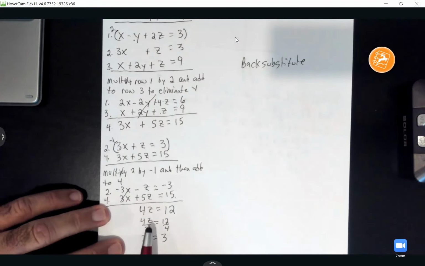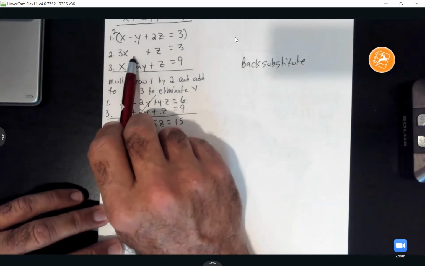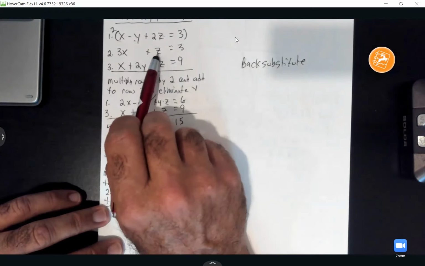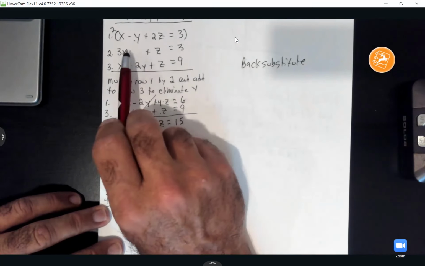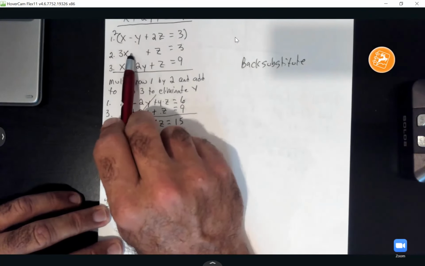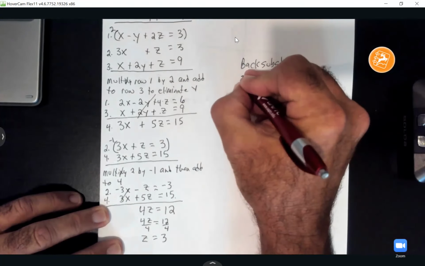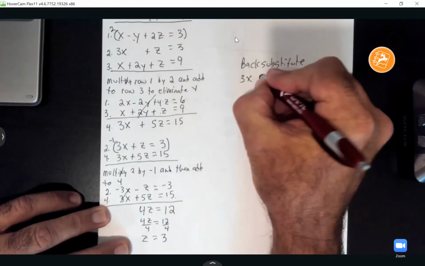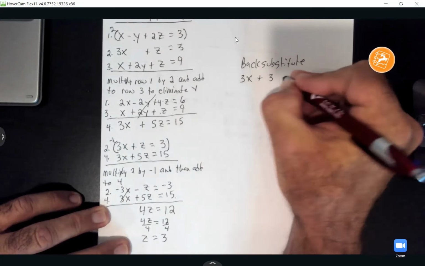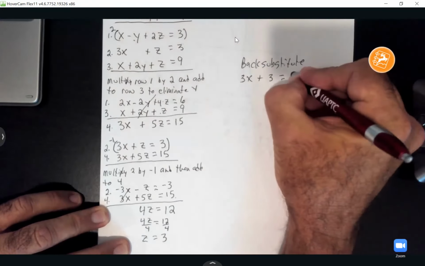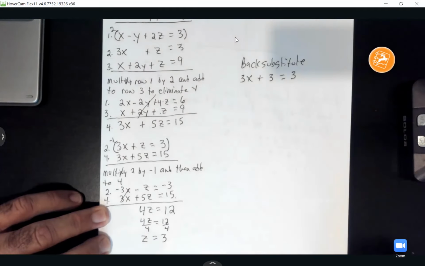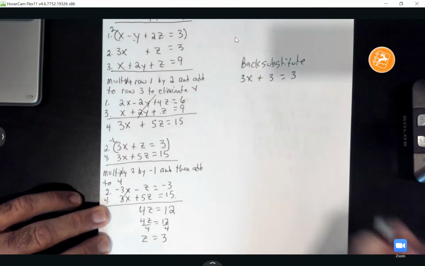So y'all, I'm just going to pick up here. Look at this second equation: 3x plus z equals 3. If I plug in for that z, I can solve this for the x. So I'm going to do 3x plus my z, which is 3, has to equal 3. All right, y'all, so let's solve that.